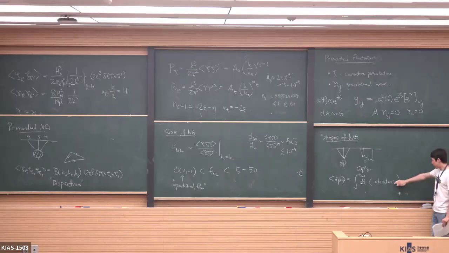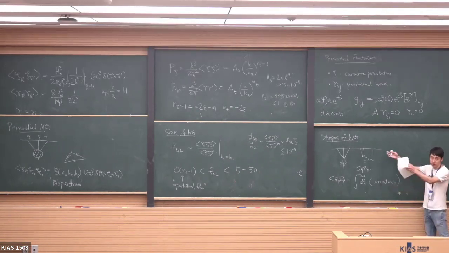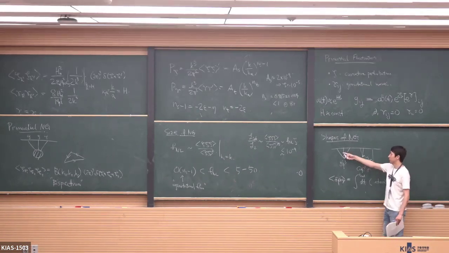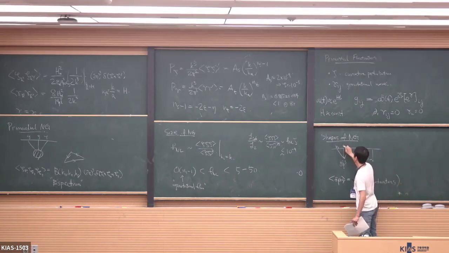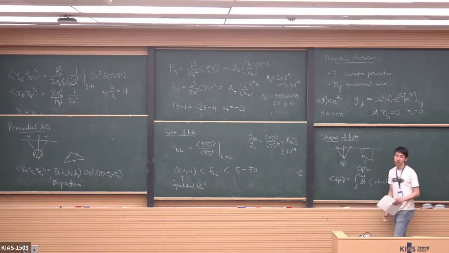Now, the important fact is that different types of interactions and different time integrals lead to different shapes as a function of these momenta that are defined at this late time surface.